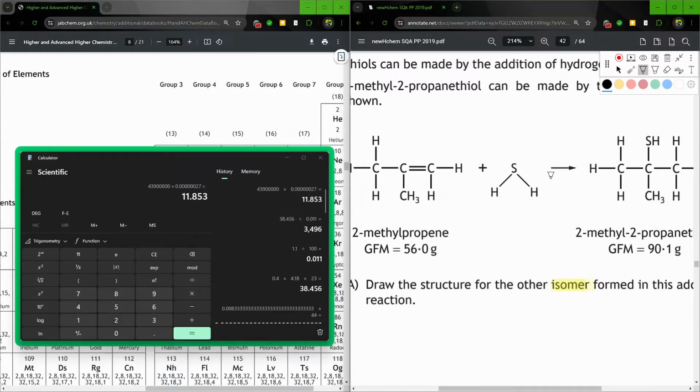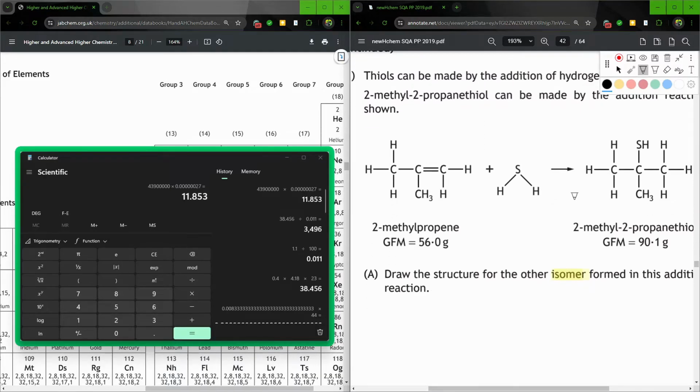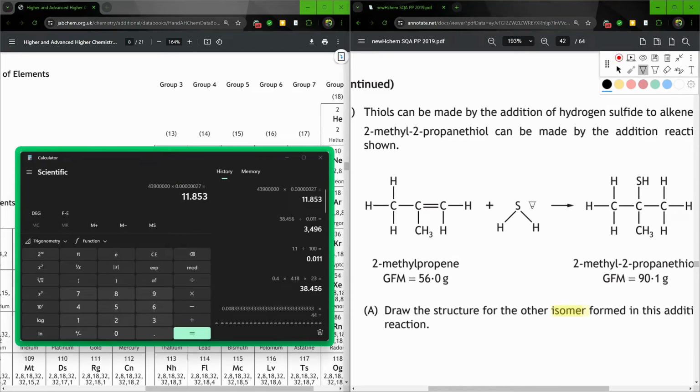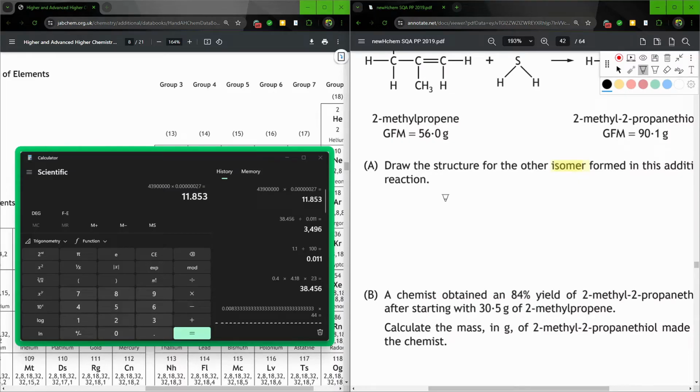So in a lot of reactions, you'll actually get more than one product, but they will be isomers of each other. So it's rearranged a bit, so it's slightly different. But as you can see here, what would happen is you'd have the SH group on another carbon. So instead of having it on this middle carbon, you have it on this one over here. So let's go and draw this out.